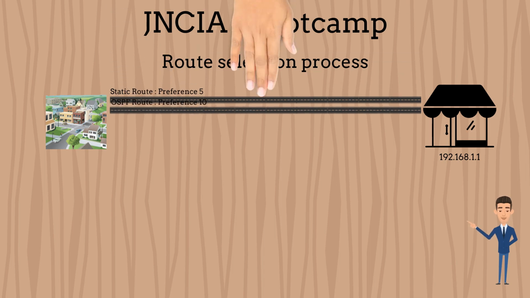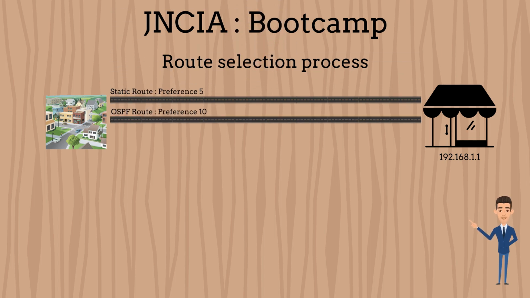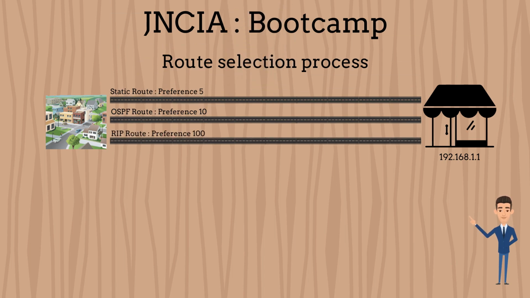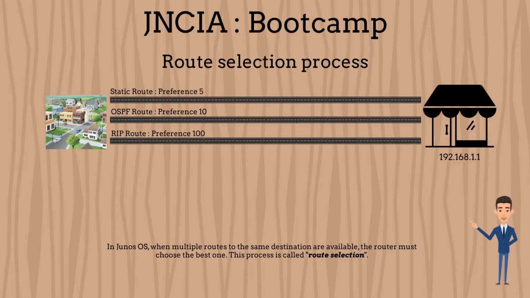We have our OSPF route, which has a preference of 10, and we have a RIP route, which has a preference of 100. In Junos OS, when multiple routes to the same destination are available, the router must choose the best one. This process is called route selection. I wonder which one gets selected.